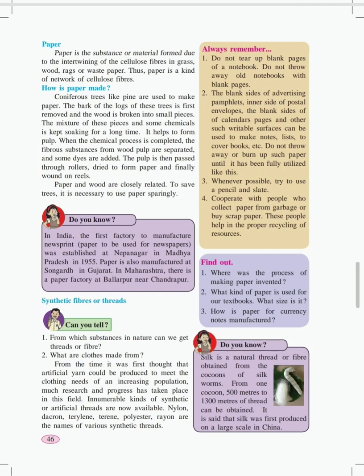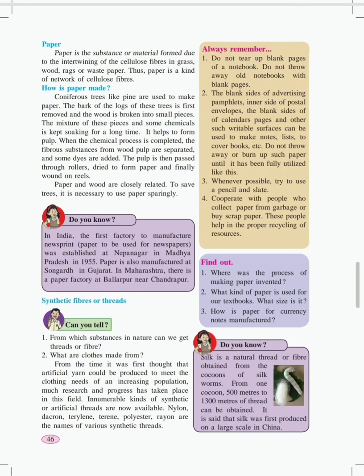Some threads are not naturally made. They are made artificially with the help of some chemicals. So therefore they are called synthetic fibers or thread. Synthetic fibers or thread are the thread which are artificially made in factories. Therefore they are said to be synthetic.